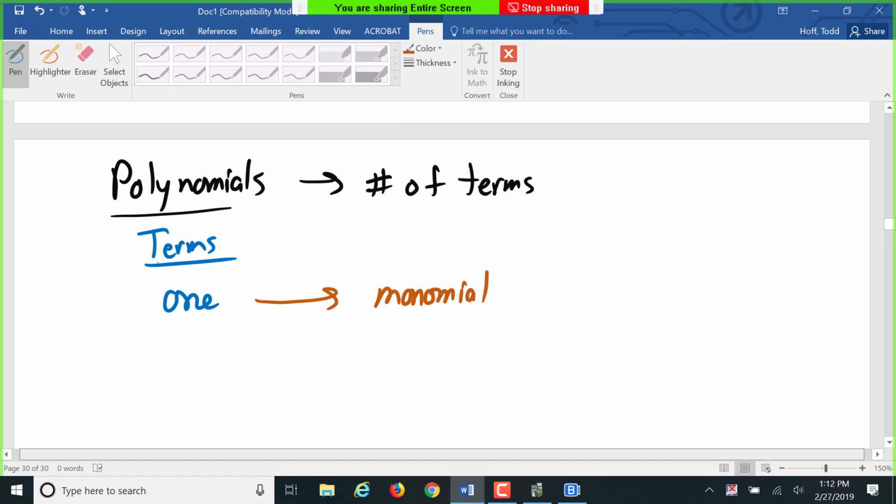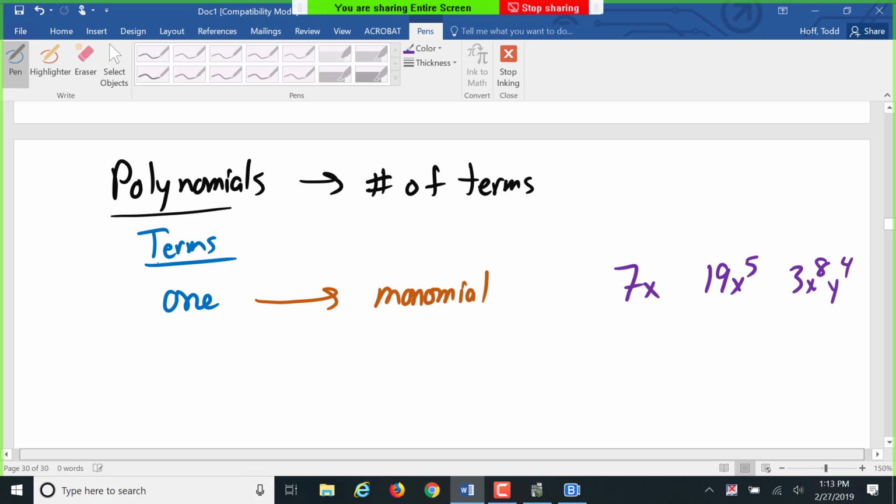An example of this might just be 7x. That's a monomial. 19x to the 5th. That's a monomial. 3x to the 8th, y to the 4th. That's a monomial. One term.